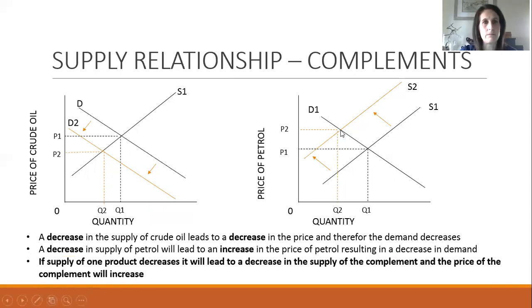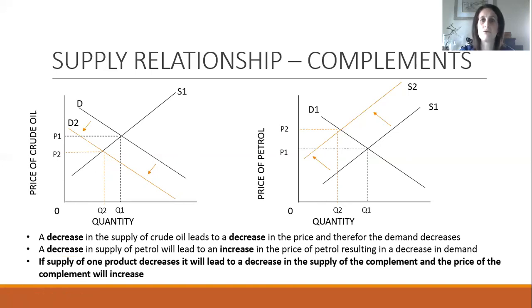So we've got our original demand and supply curve. But the supply of crude oil has decreased, which led to a decrease in demand and therefore a decrease in the price of the product. The complement, petrol, because they are manufacturing petrol from crude oil, the supply of that product will also decrease, because they're not using crude oil to manufacture products.